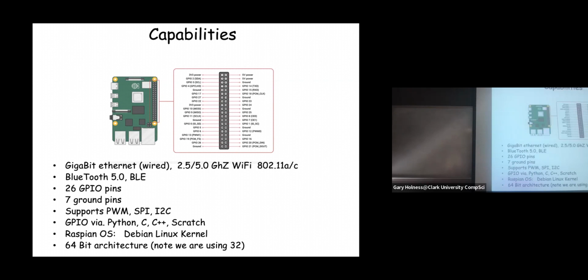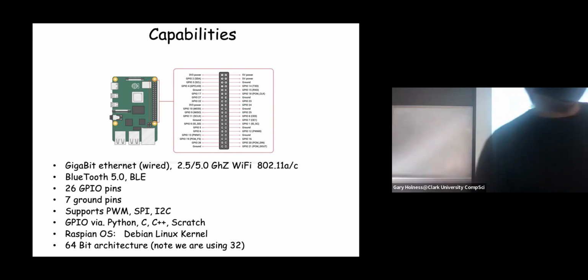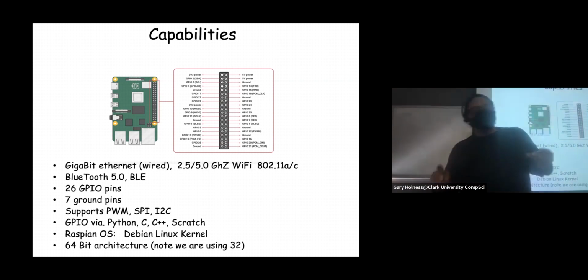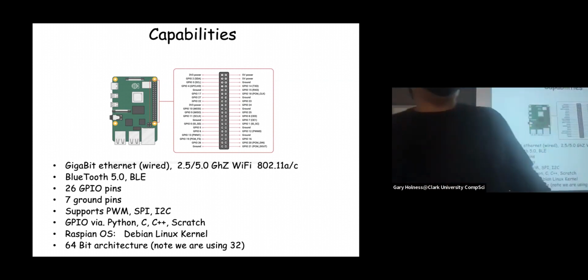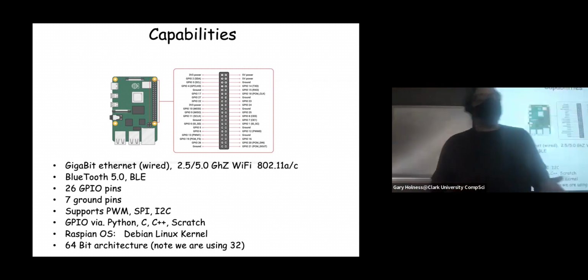So you could use it for maybe driving a kiosk, or you could use it as your desktop computer that you use to connect into Clark's network or do homework and things like that. You can run word processors on it, anything you can do on Linux within the limits of the quad core processor and the amount of RAM and hard drive you have, your SD card.